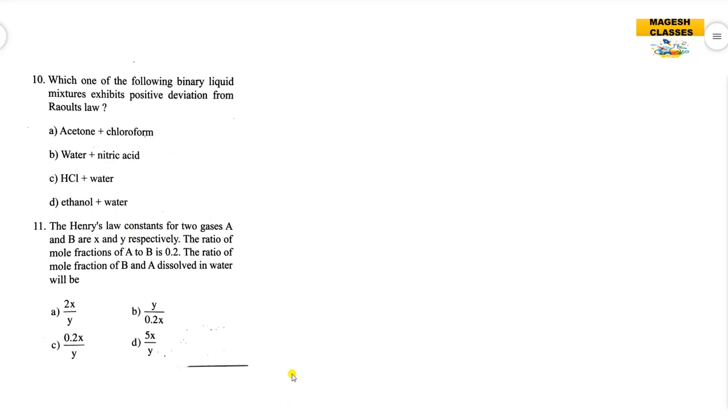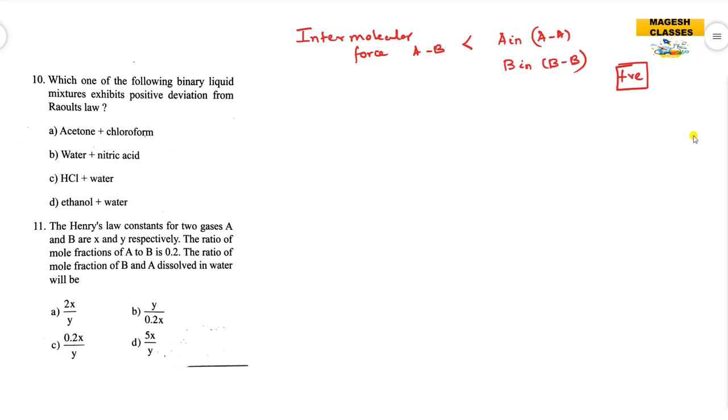If the intermolecular attractive force between the two liquids, A and B, is less than that among themselves, A in AA or B in BB, then it is called positive deviation.